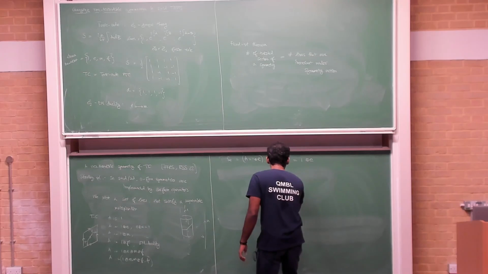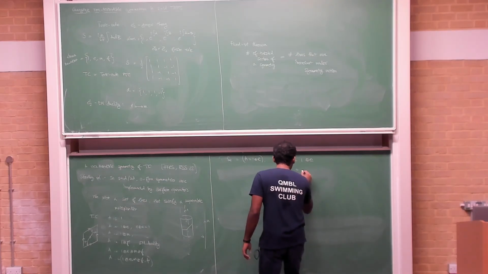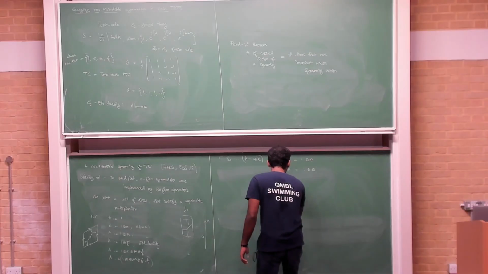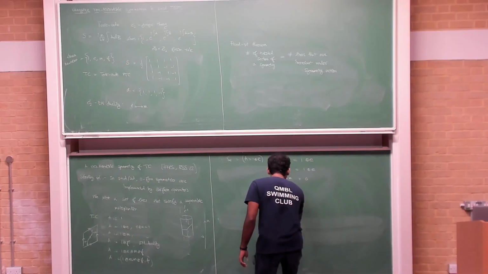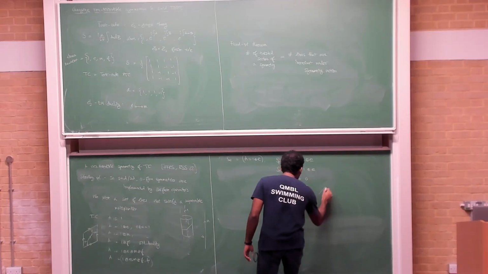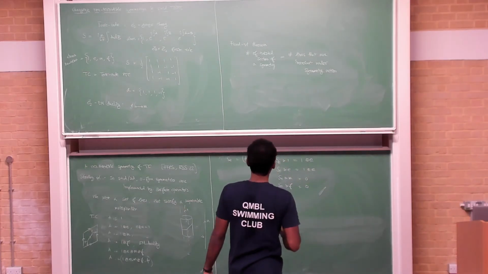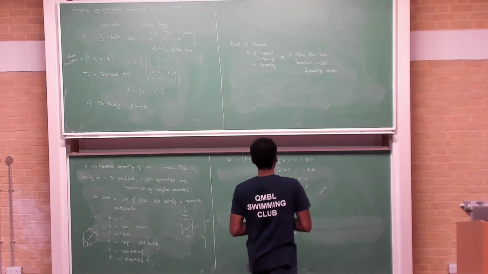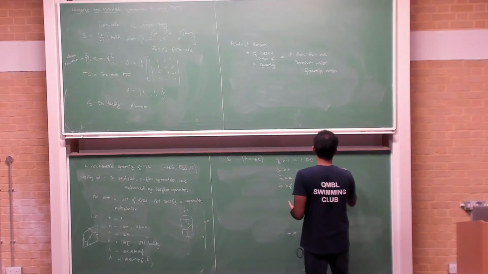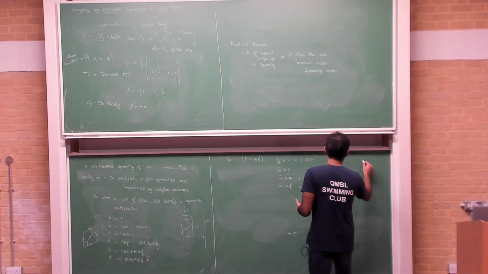It sends E to 1 plus E. And then it sets M and F to 0. So if we were to write the surface as a matrix, it's going to look something like this.